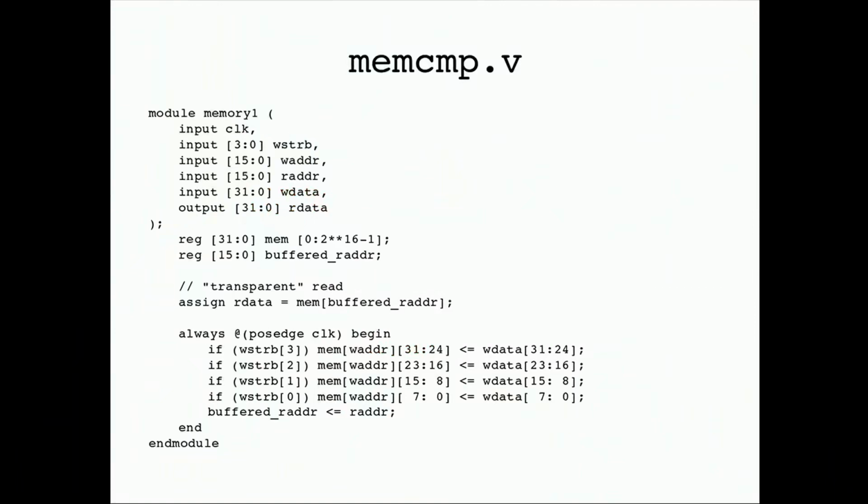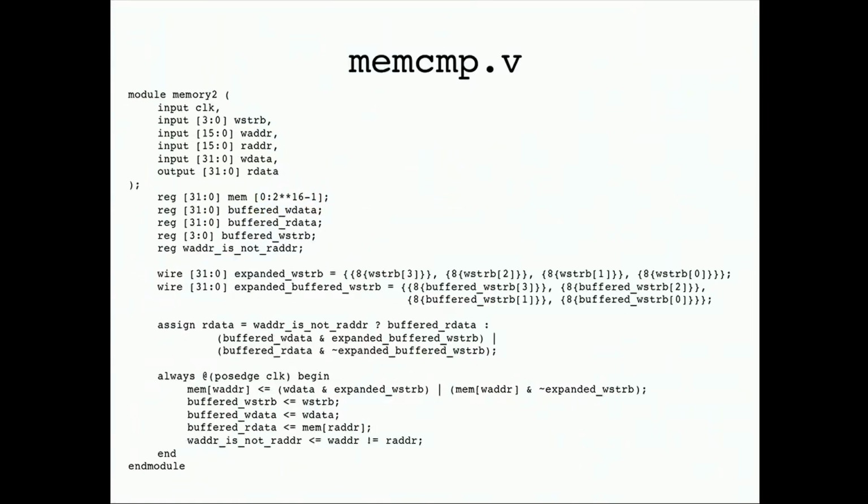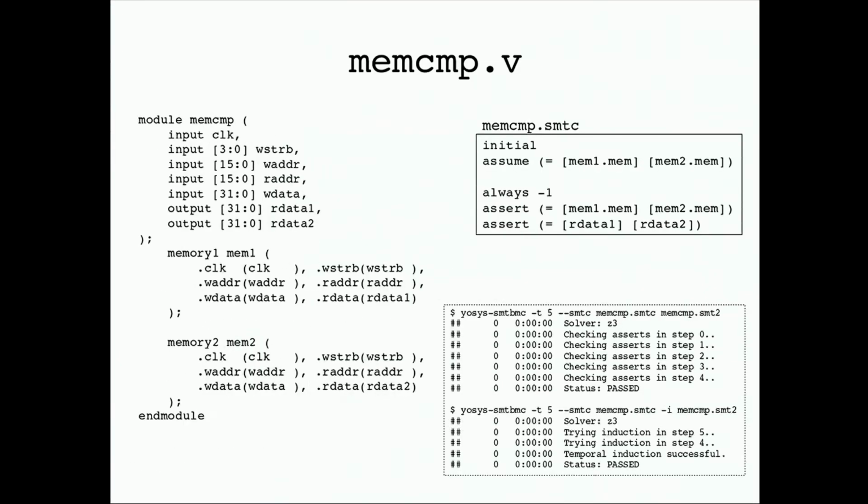That's another example. I have a memory design here. Then I have another memory design that's kind of convoluted, but sometimes code looks like this, when you would like to force a synthesis tool to infer a special form of hardware resource. And we would like to prove that these two memories are equal. If we do that, we create this kind of formal test bench that just instantiates both memories in parallel.